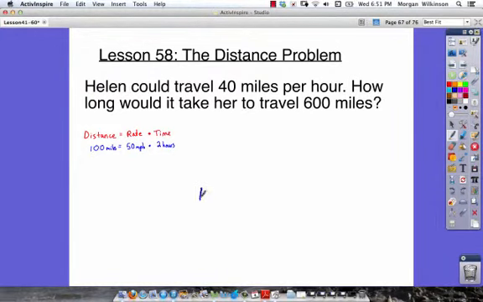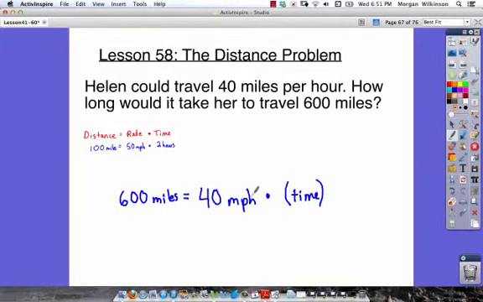So we've got 40 mph, miles per hour, times the time. In this problem, there's no time there, so we're going to put times, and then I'm going to write in parentheses time. You could put a t for your variable if you like, but I'm just going to write out time today. How long would it take her to travel 600 miles? So this is going to be equal to the total distance that has been covered by Helen. So that was 600 miles.